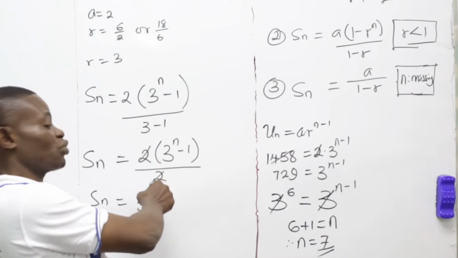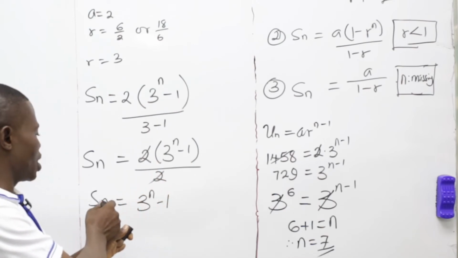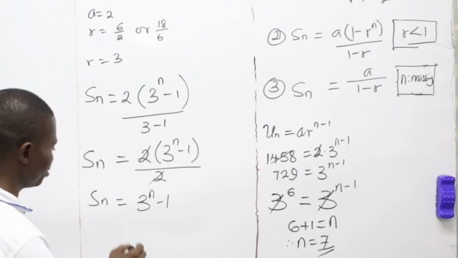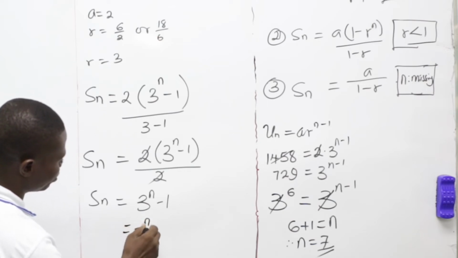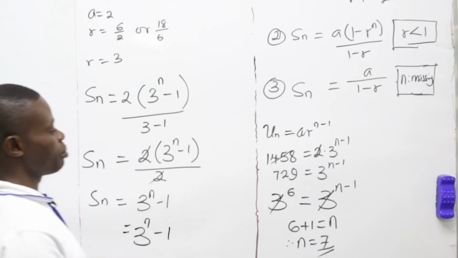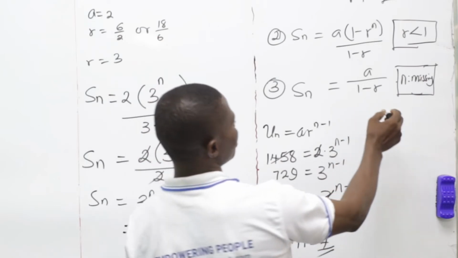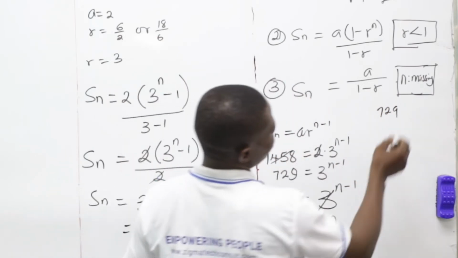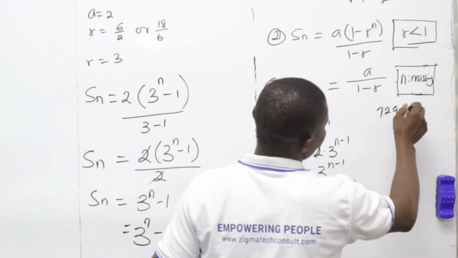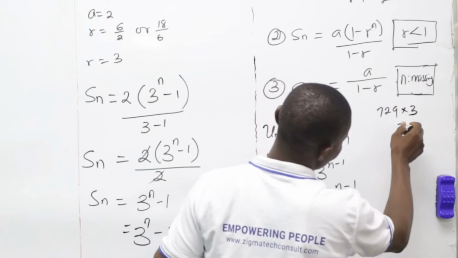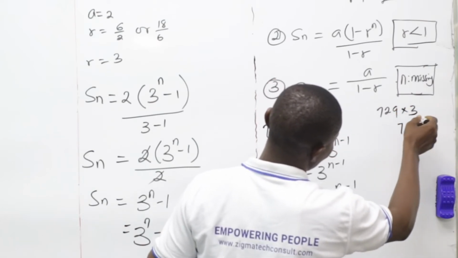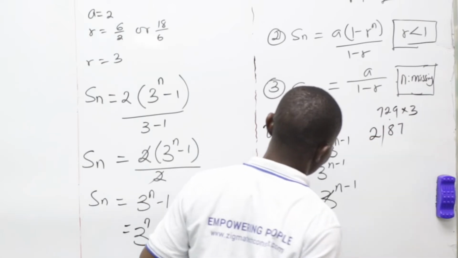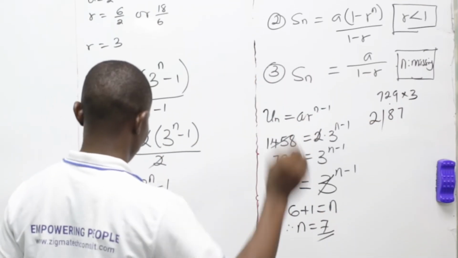You go back to what we have been solving. Sum equals 3 raised to the power n minus 1, meaning 3 power 7 minus 1. What is 3 power 7? If 3 power 6 equals 729, then 3 power 7 will be 729 times 3, which is 2187.